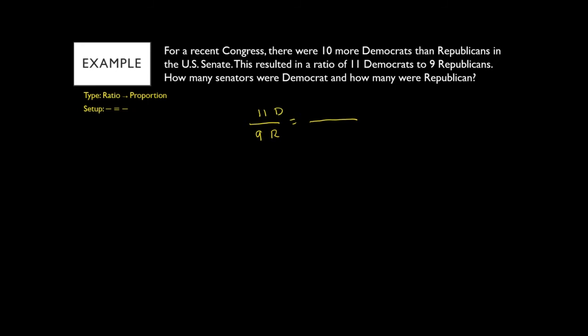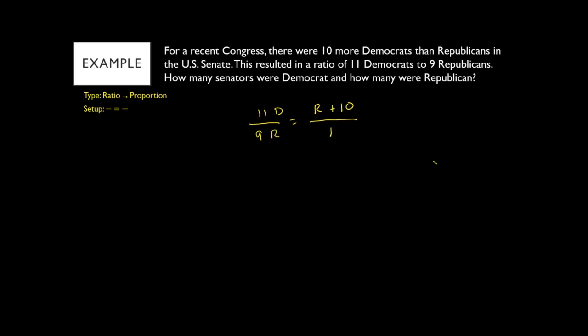Now let's go back to that first sentence. There are 10 more Democrats than Republicans. We have to translate that into an expression. That means you have the number of Republicans and then there's 10 more. So if we use R for Republicans, we're adding 10 more.